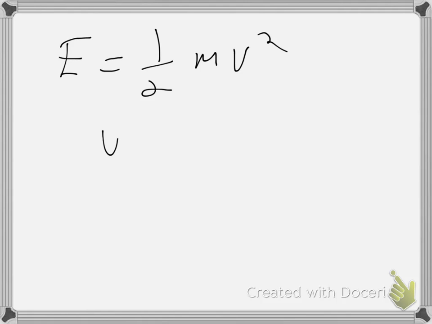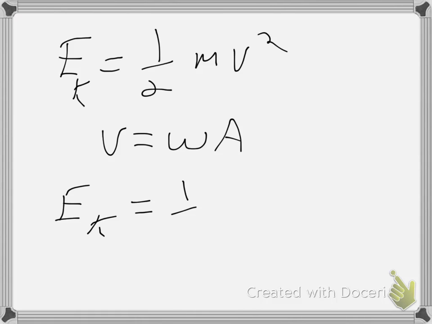And when we talk about the energy in simple harmonic motion, then we can do 1/2 m v squared. But if you recall, v is equal to omega A. So if you substitute in that, you get E K, and where would E K be at its maximum? It would be 1/2 m omega squared A squared. Is that right?